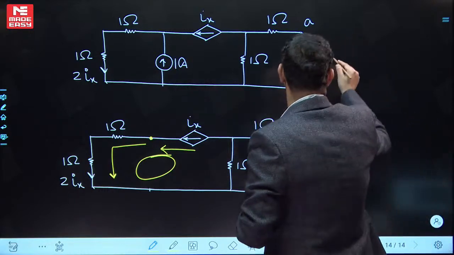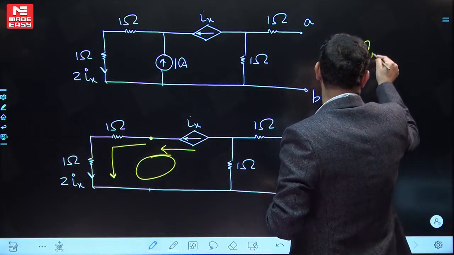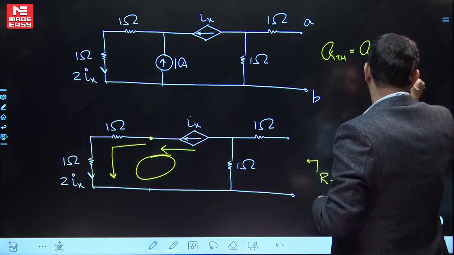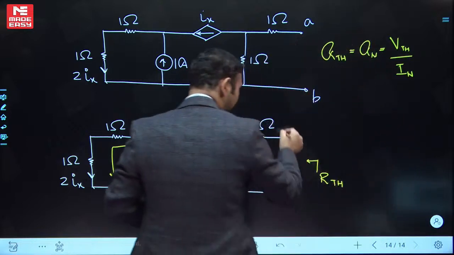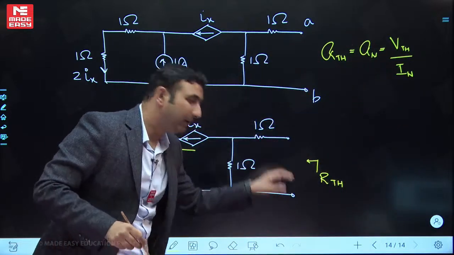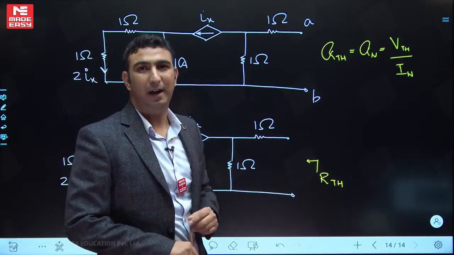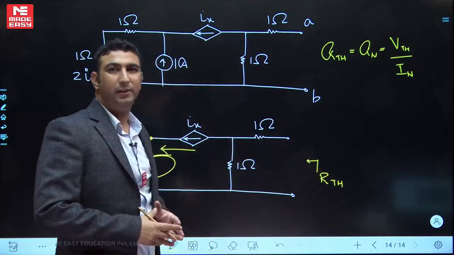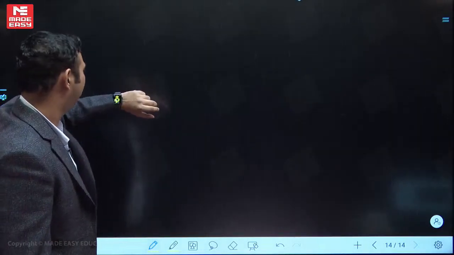Then for calculating RTH, or as a matter of fact RN also, go with VTH by IN. That is, in this question calculate VTH, then calculate I Norton, and then go for VTH by IN, and you will get your answer. This is the kind of question I thought of telling you about. Let's finish our discussion because I have already taken a lot of time.